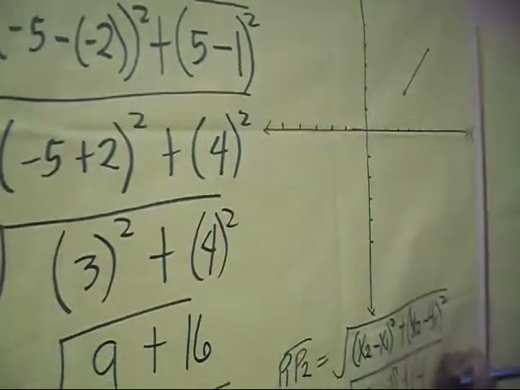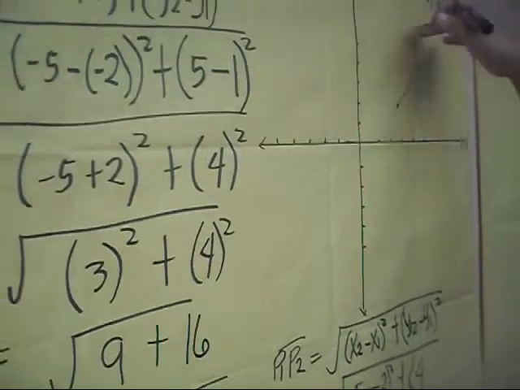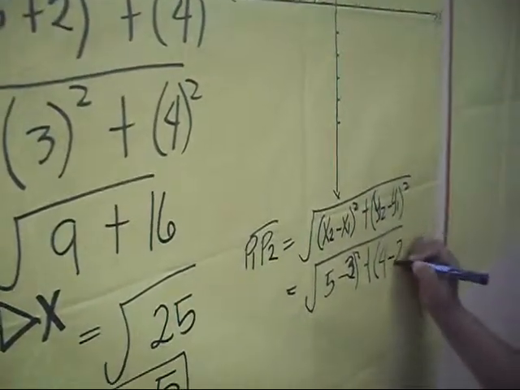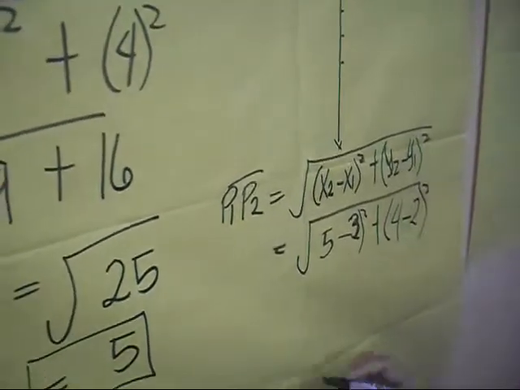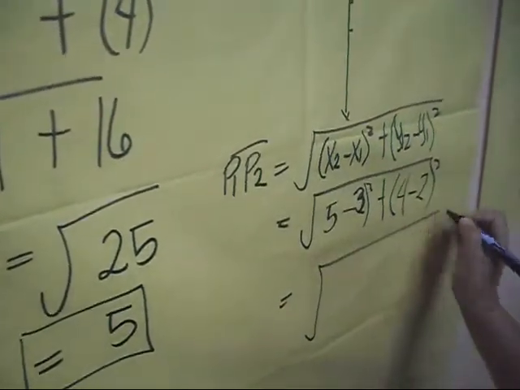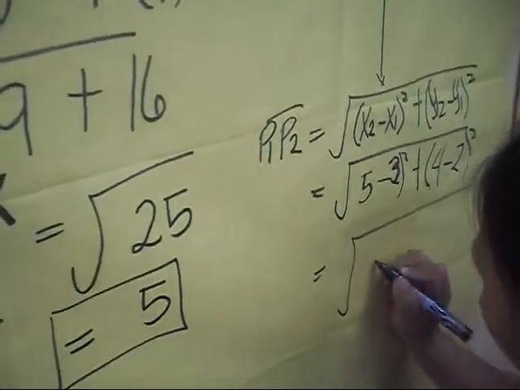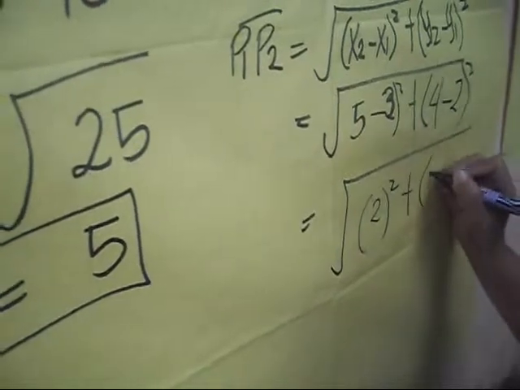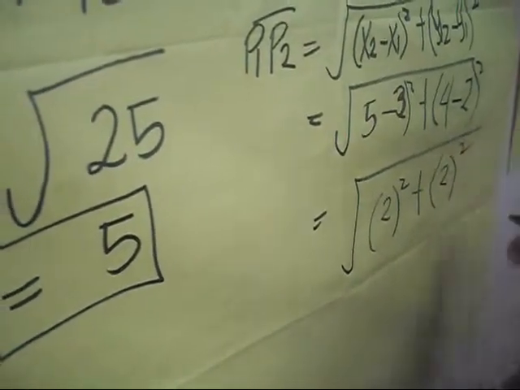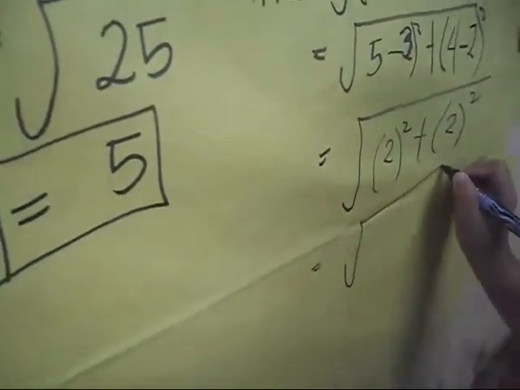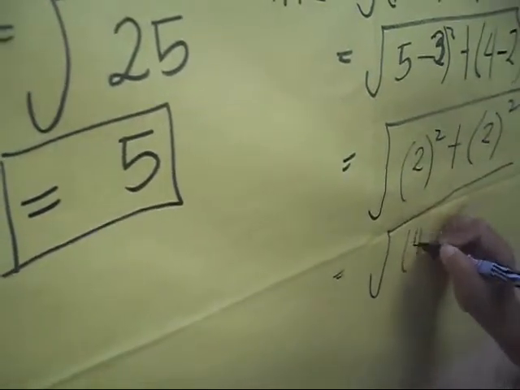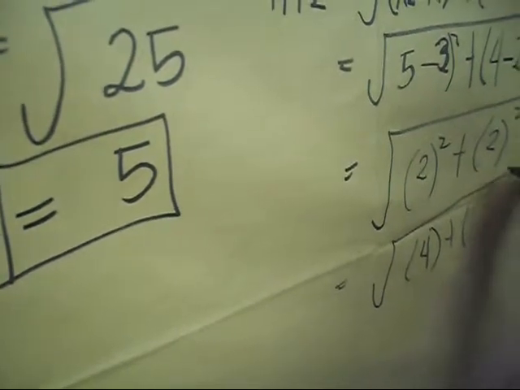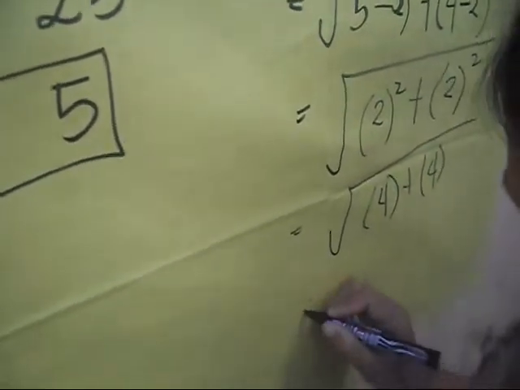4 minus 2 squared is equal to 2 squared plus 2 squared is equal to 4 plus 4 is equal to 8.